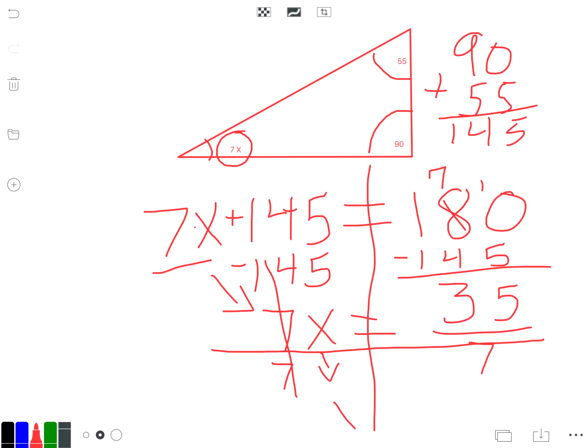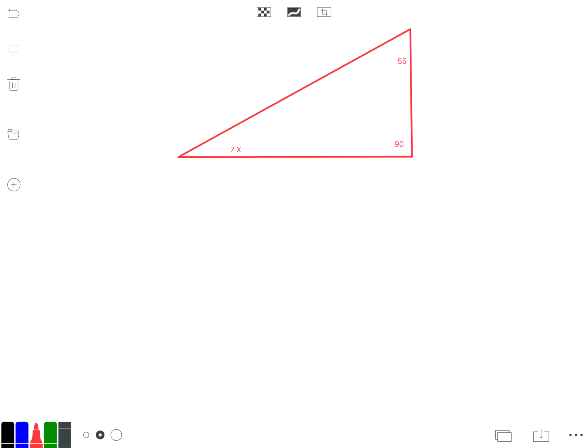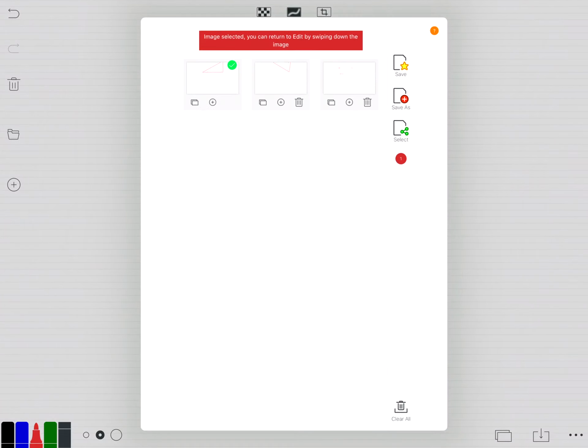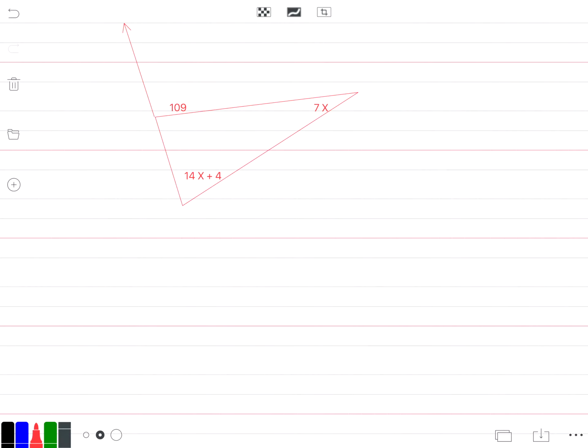Bring down your x, it is going to equal 5. So that's 14. So I hope you're getting the hang of this, adding up all the numbers that you have and basically just solving for x for each one.